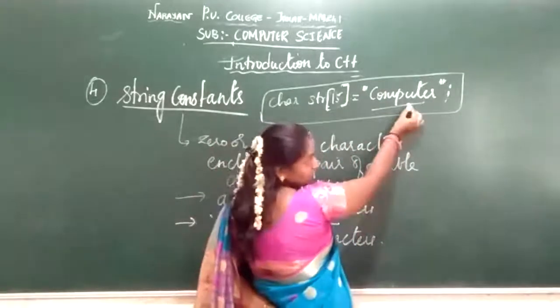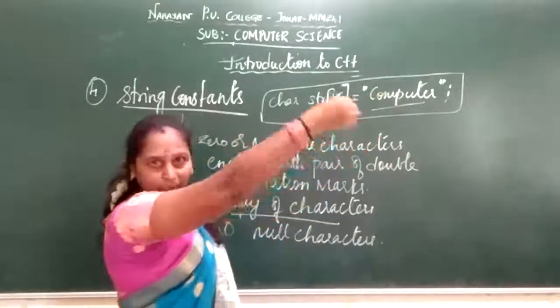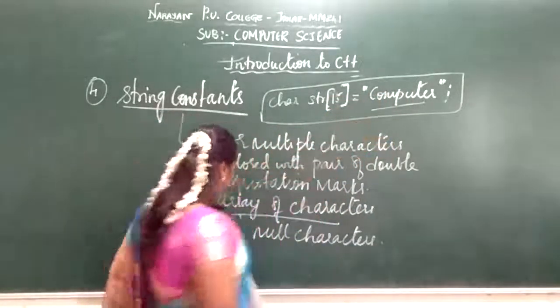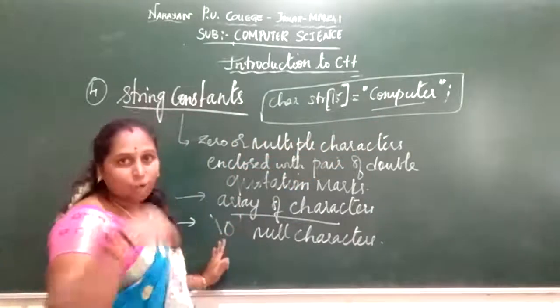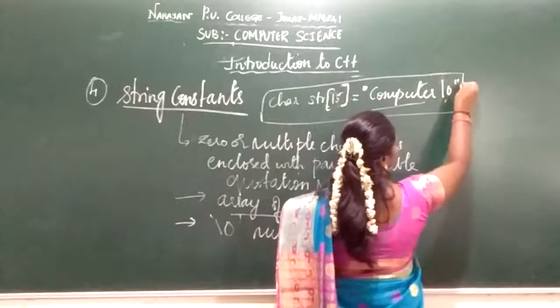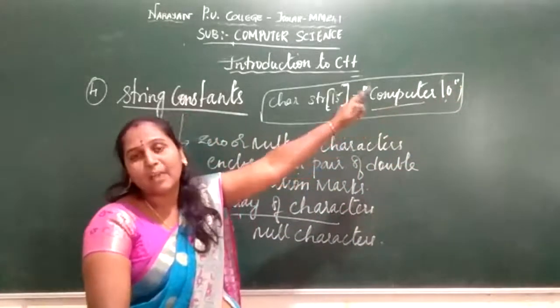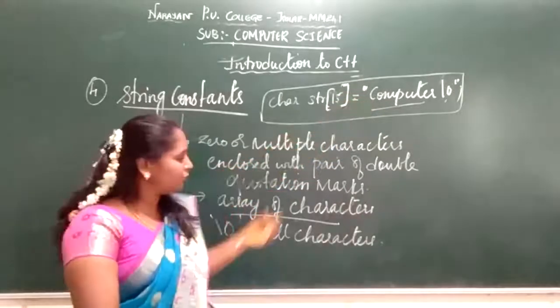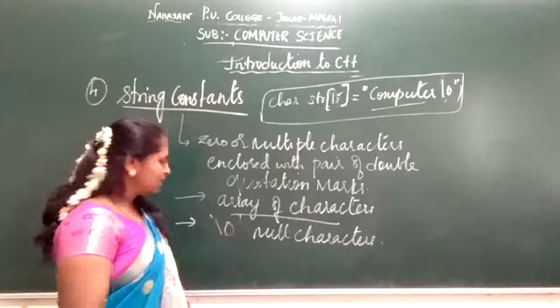If you specify computer, semicolon is used for termination of the statement. But even if you have not specified a null character, the compiler by default takes it as backslash 0. That indicates the end of the string. By default, the compiler itself is going to mark it as the null character backslash 0.